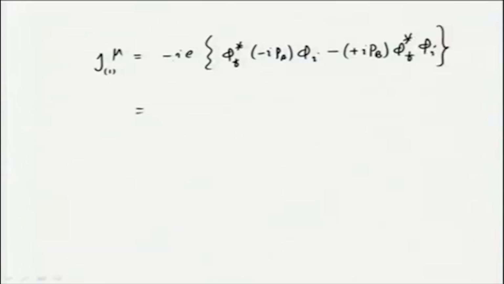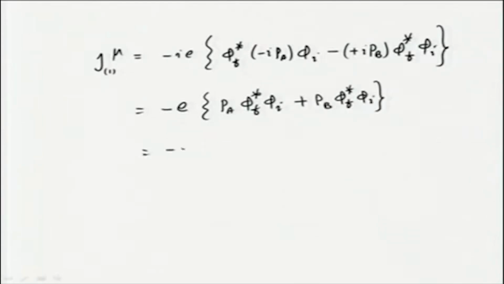This is equal to minus e, then I have p_a phi_f star phi_i, and in the second term I have a minus i and minus i, that is what is taken out. So, it is plus p_b phi_f star phi_i, which is equal to minus e (p_a plus p_b) phi_f star phi_i.